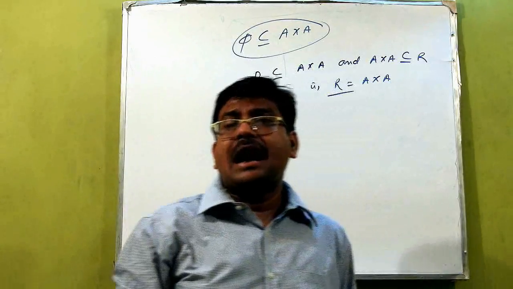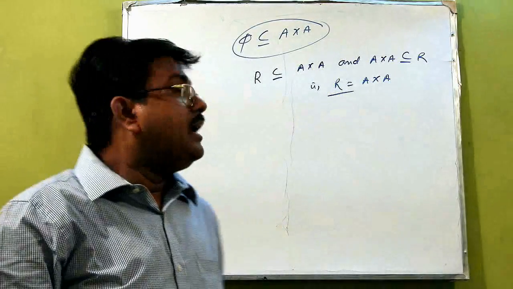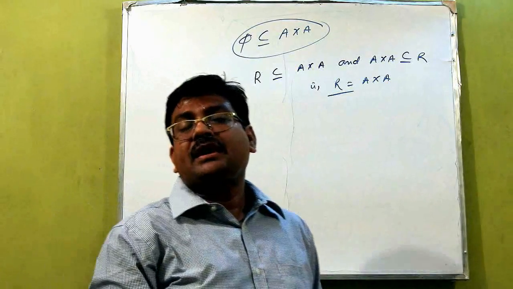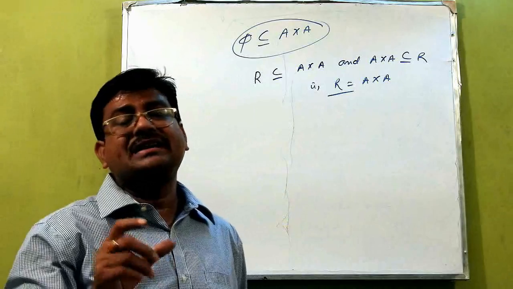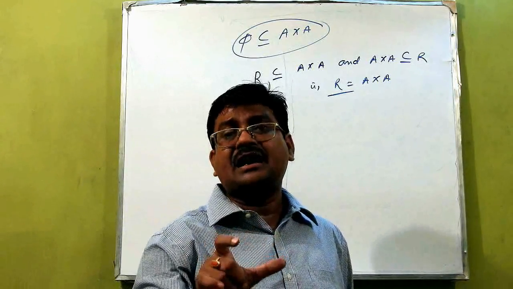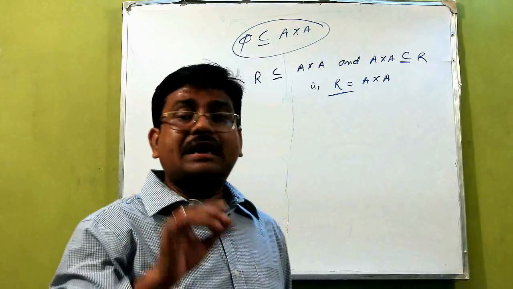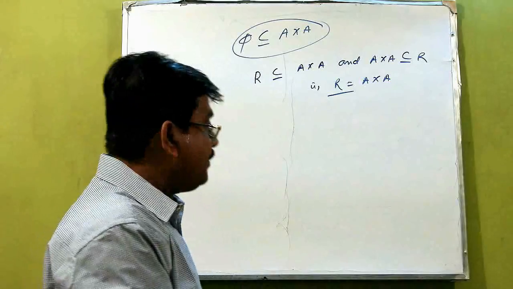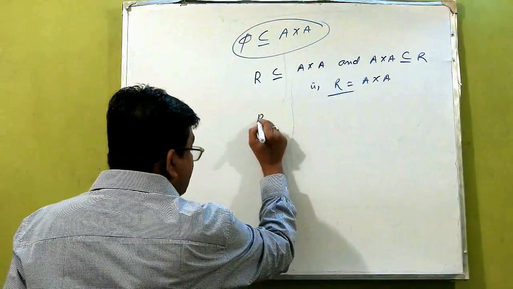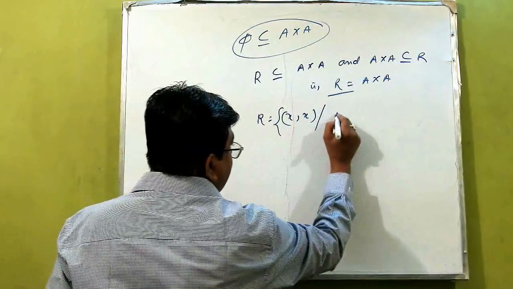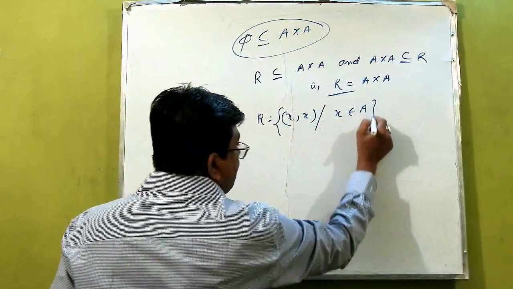Then number 3, identity relation. If we consider a relation R defined on the set A itself, that is, R defined on the Cartesian product A cross A, then R is said to be an identity relation if R equals {(x, x) such that x belongs to the set capital A}.